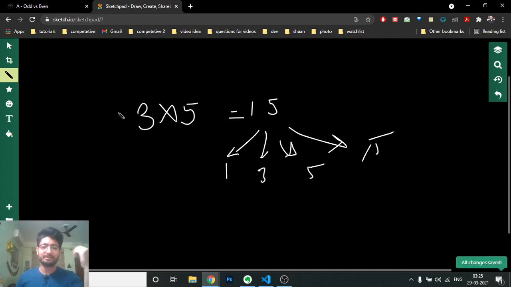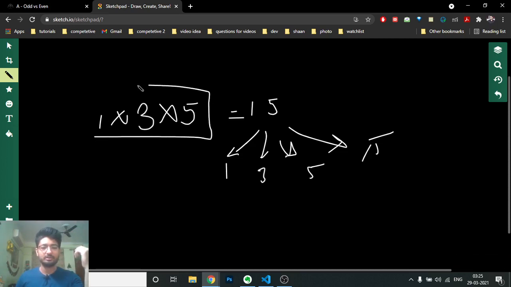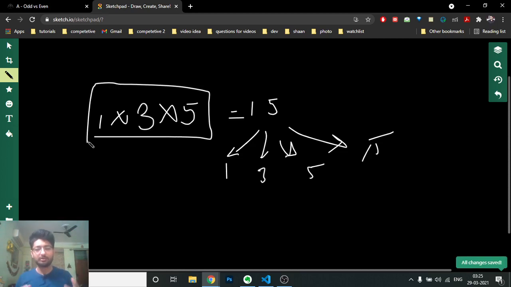To form any divisor of a number, you break it down into its prime factors and take out some subset. That subset will eventually form a divisor of that number. But because all the factors are odd, every subset product will be odd only.